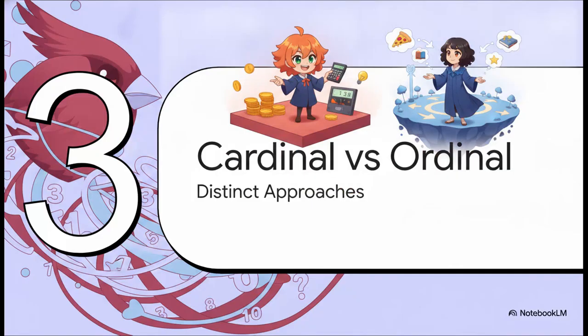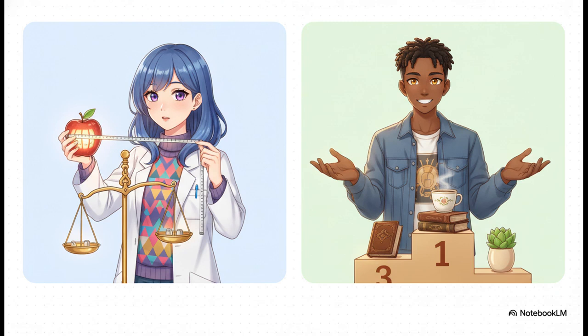Which brings us to Section 3, Cardinal versus Ordinal Utility, two distinct approaches. And this brilliantly illustrates how microeconomics handles that subjective measurement. Because utility is so personal, two distinct approaches were developed. On the left, we have the Chapter 6 utility approach. That's cardinal utility. This assumes that utility can actually be quantitatively measured.